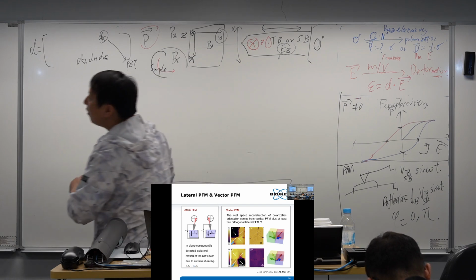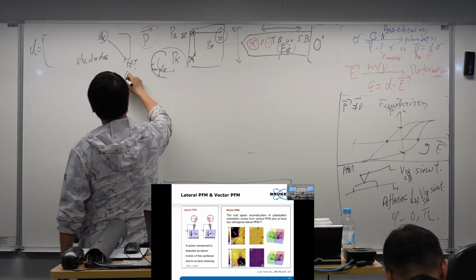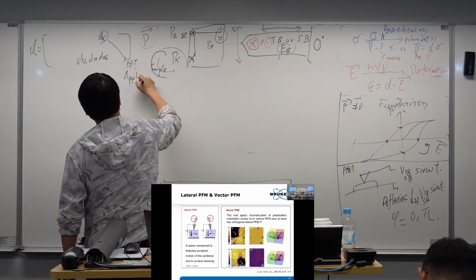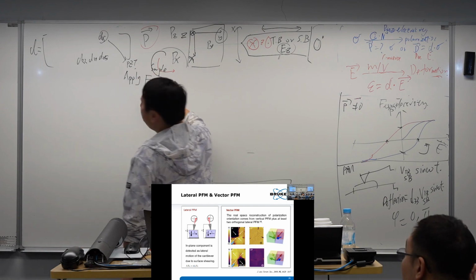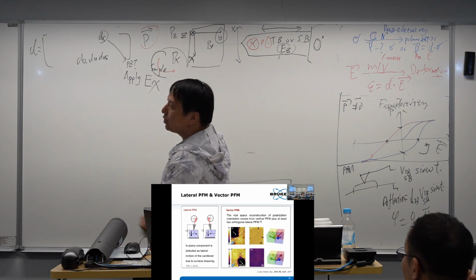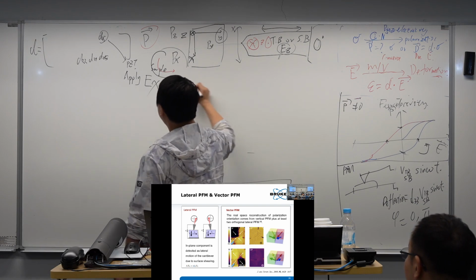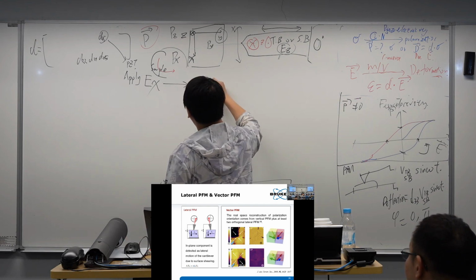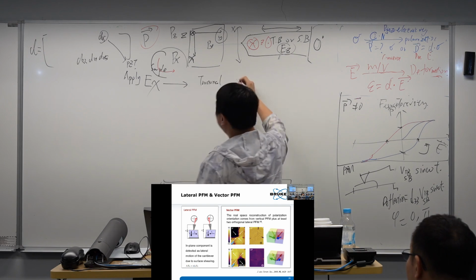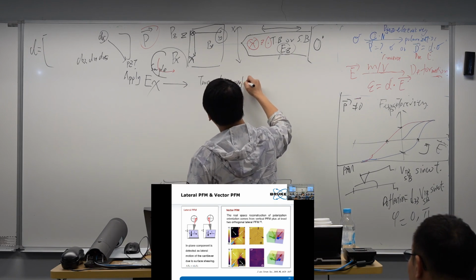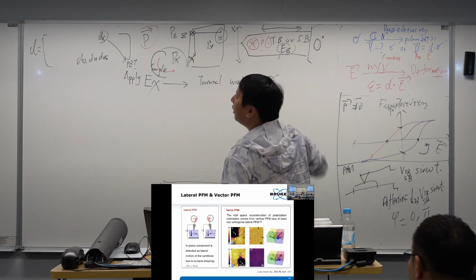So this D15 means we apply the electric field in the X direction, and then detect the torsional wiggle in the X direction.